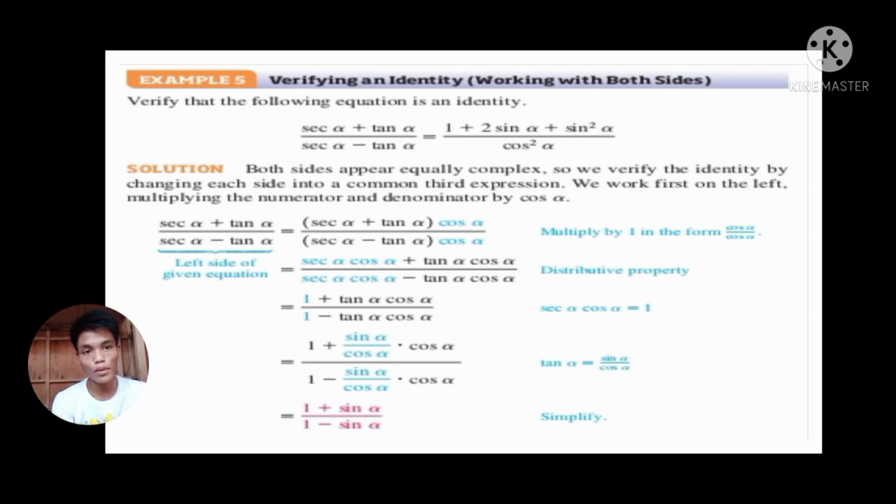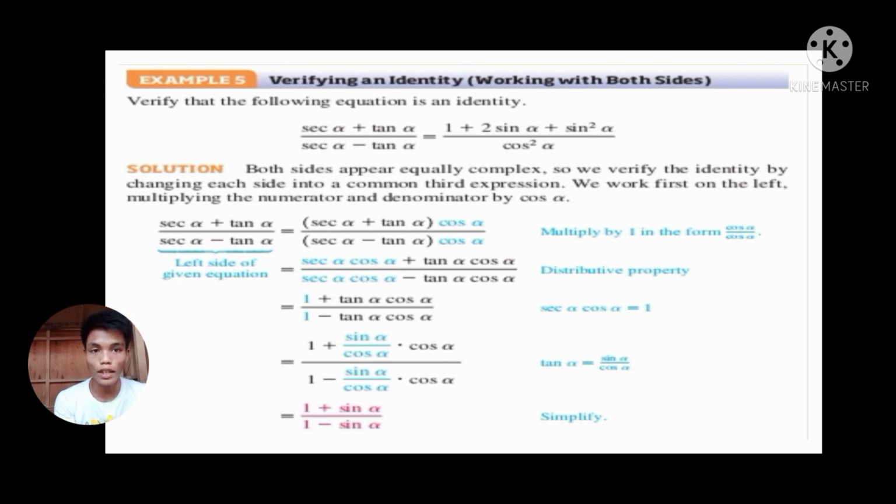It is being said that we are going to multiply the numerator and denominator by cosine A over cosine A. So the next step is secant A multiplied by cosine A plus tangent A multiplied by cosine A. What we have done in this step is the distributive property.